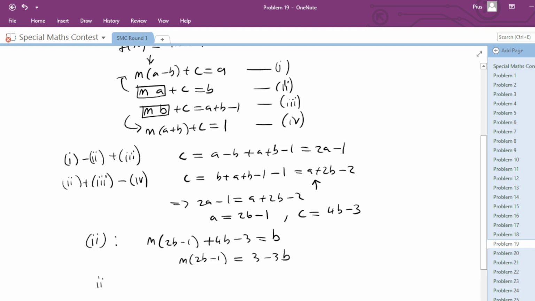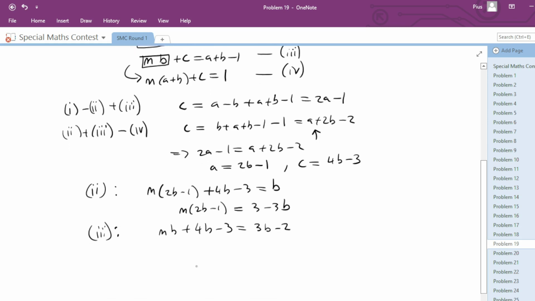On the other hand, equation 3 will become mb plus 4b minus 3 is a plus b minus 1. Using the value of a here, we get 3b minus 2. Then we can simplify this to get mb is equal to 1 minus b. Call the first one equation plus, and the second one equation dot.